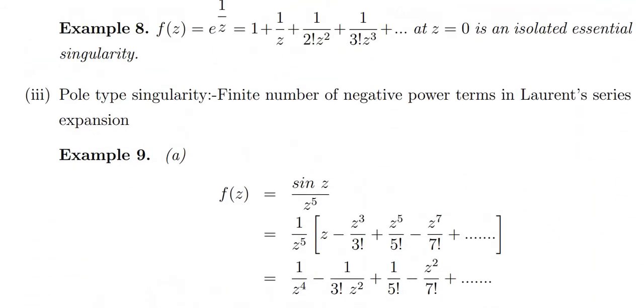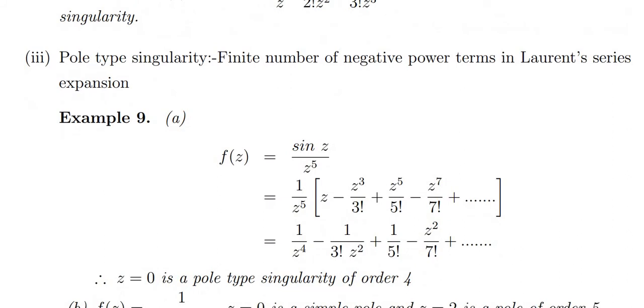The last classification is pole type singularities. If the Laurent series has a finite number of negative power terms, z0 is a pole. The highest negative power in the Laurent series will give us the order of that pole. For example, if we take the function f of z equal to sin z by z raised to 5, this function has a singularity at z equal to 0.